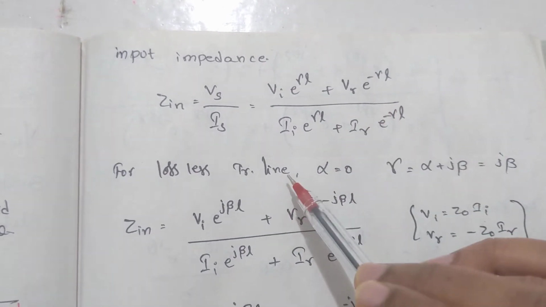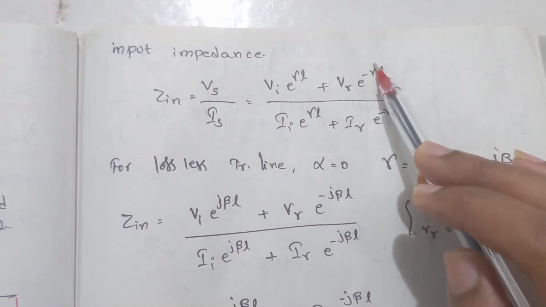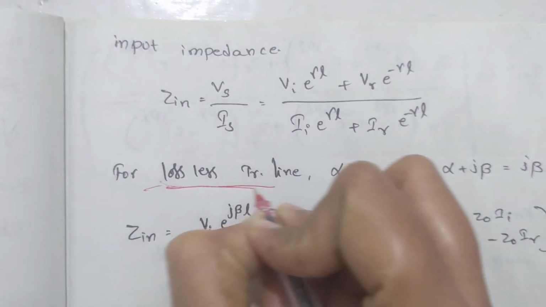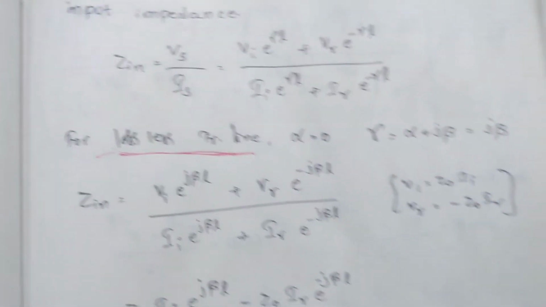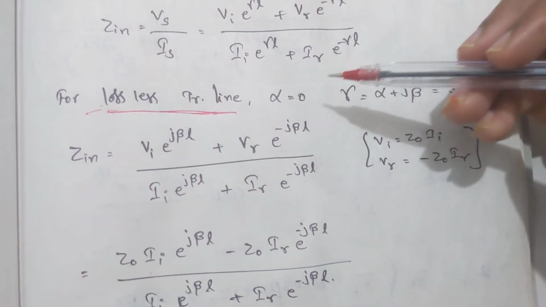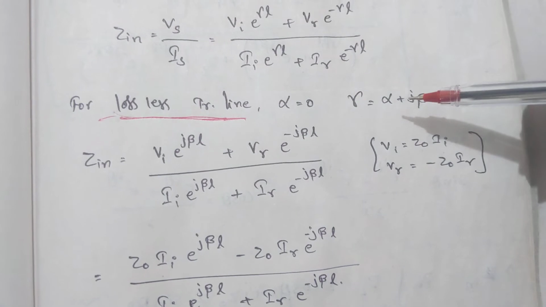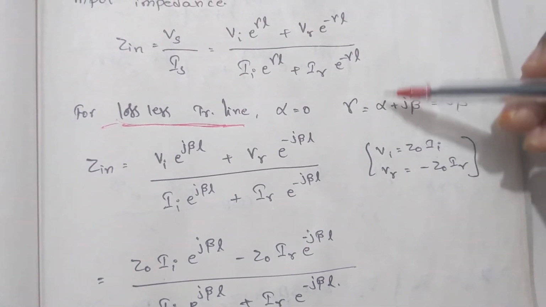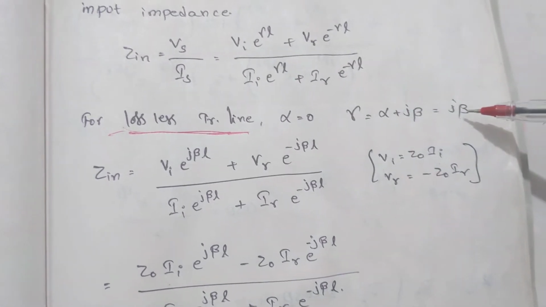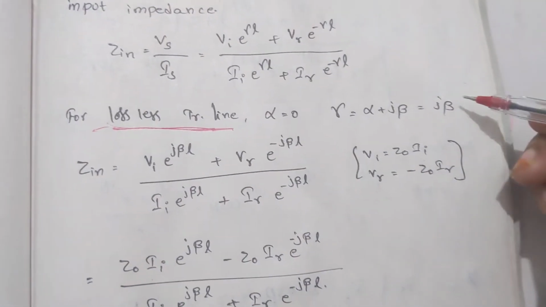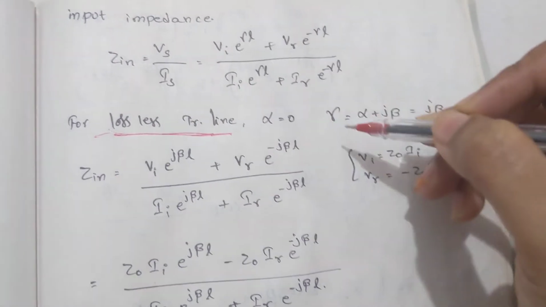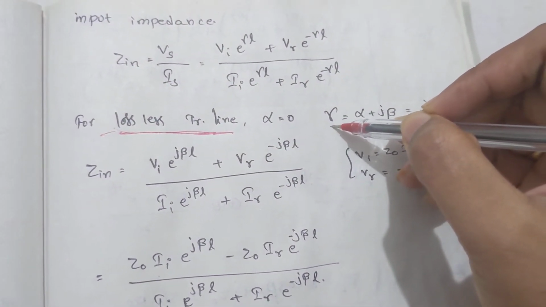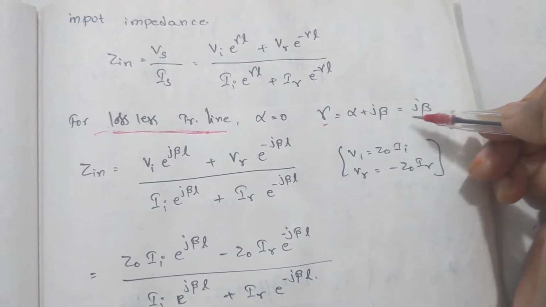Or if you consider a lossless transmission line, the attenuation constant equals 0. Then gamma, which is alpha plus j beta, becomes just j beta when alpha equals 0. So whatever the gamma is there, it is replaced with j beta.